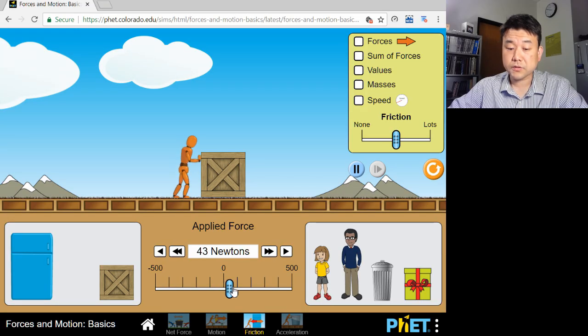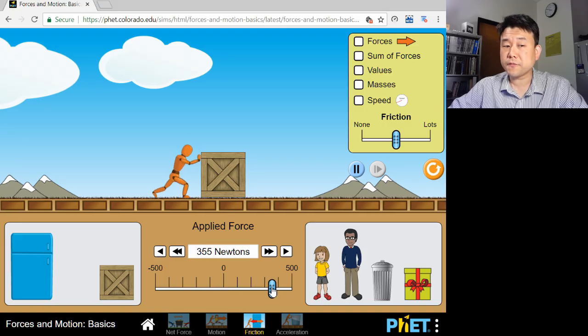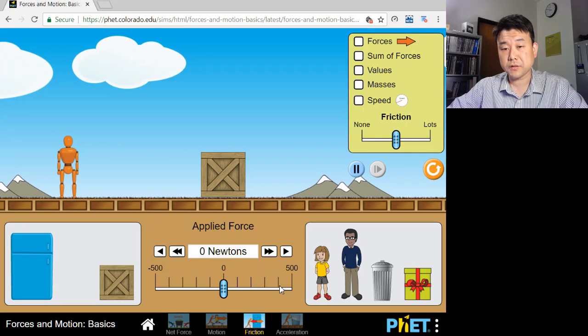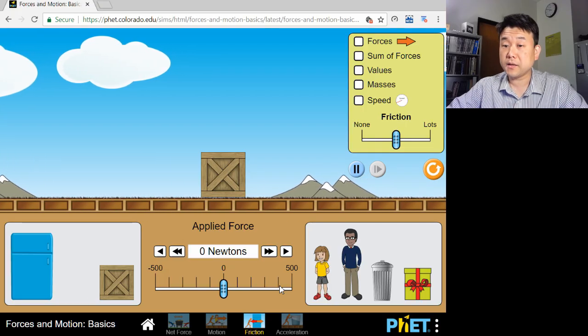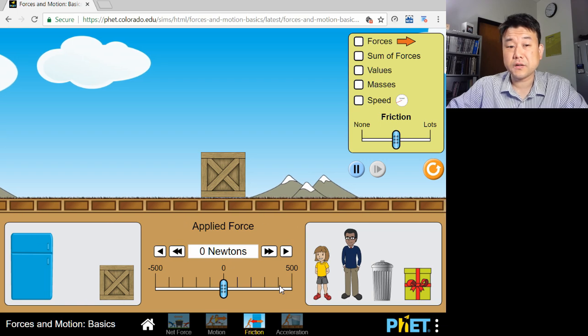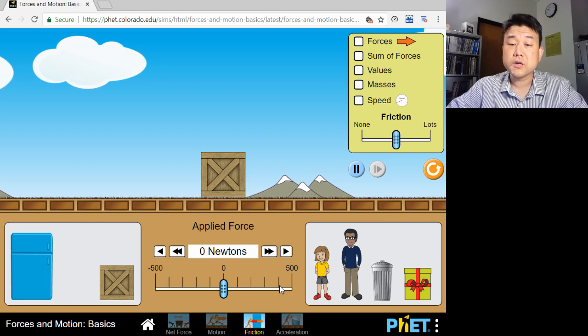With some force, you still get zero acceleration. And even if you get it to move, when you stop pushing at some point with zero applied force, acceleration is obviously not zero. There is a negative acceleration which brings the crate to a stop.